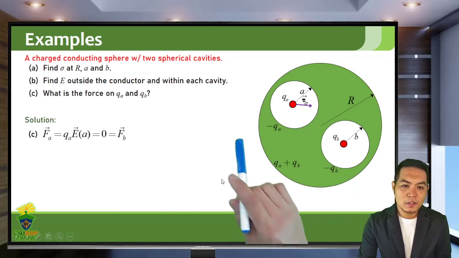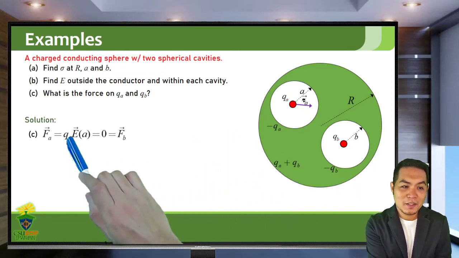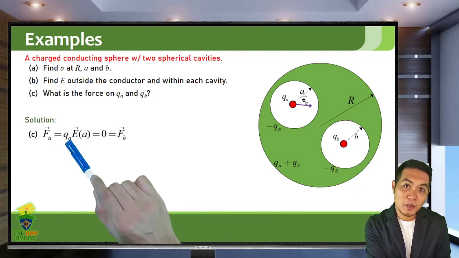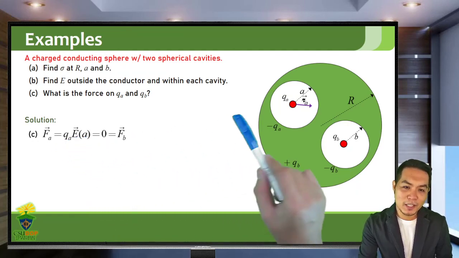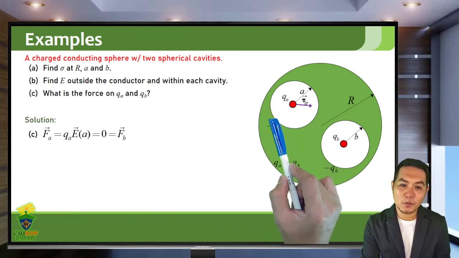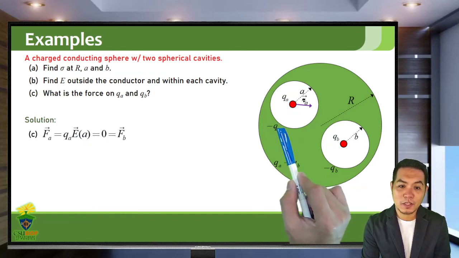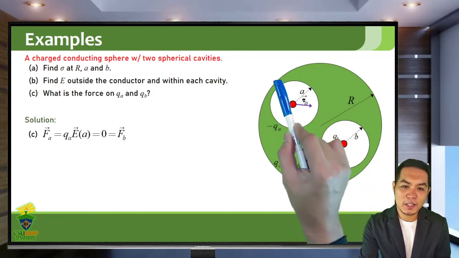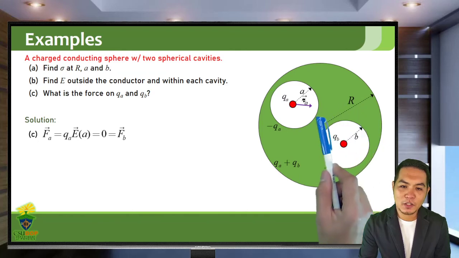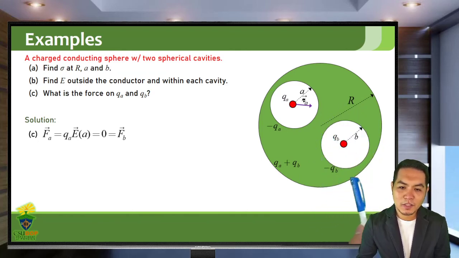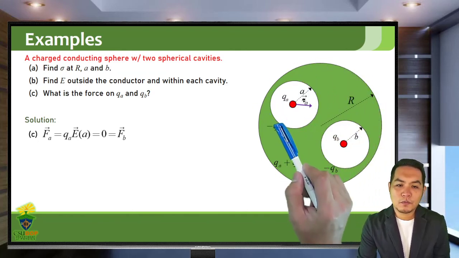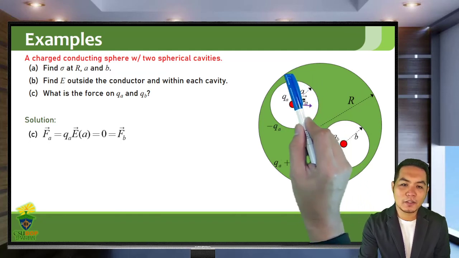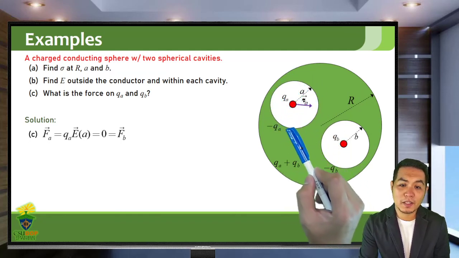okay, I will reveal the answer. The force will be QA times the electric field at point A. The electric field at point A will be due to three distributions: this distribution here on this surface, this distribution here, and the conductor itself. For this distribution, again, the electric field contribution will be 0 because it is symmetric.